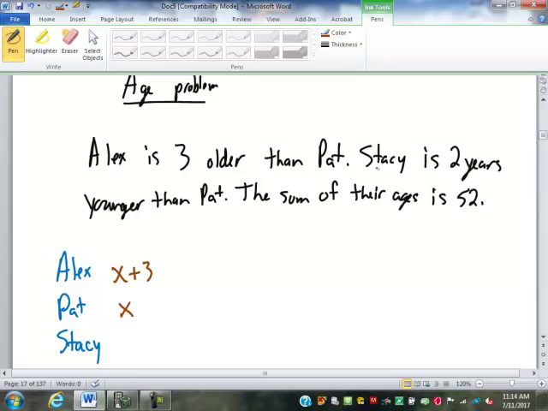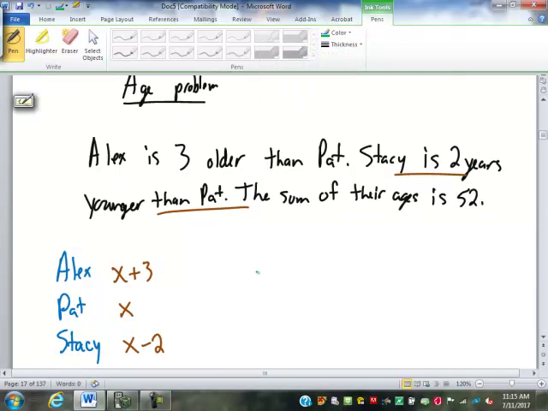Well, we got to be very careful. Stacy is 2 years younger than Pat, so it is X minus 2. But I might say Stacy is 2 years younger than Alex. Then it'd be the X plus 3 minus 2, right? So you got to make sure you grab the right one. In this case, it is younger than Pat, so it is X minus 2.